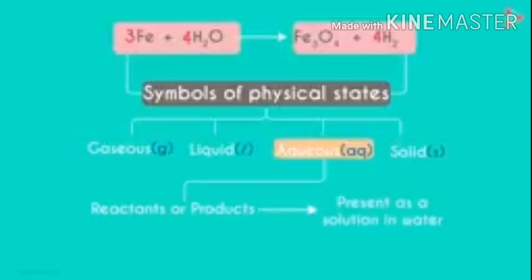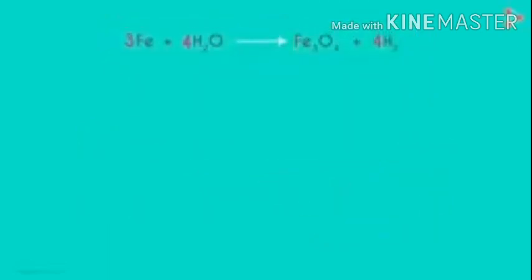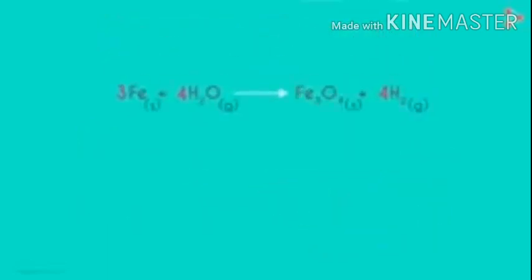Aqueous means when a solute or a solid substance is dissolved in water. To make a chemical equation more informative, the physical states of the reactants and the products are mentioned along with their chemical formula. The gaseous, liquid, aqueous and solid states are represented by the notation as I mentioned.